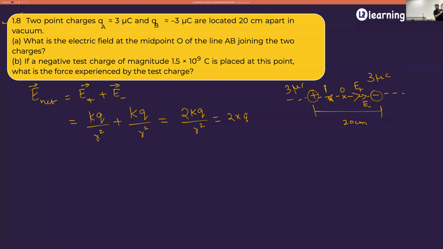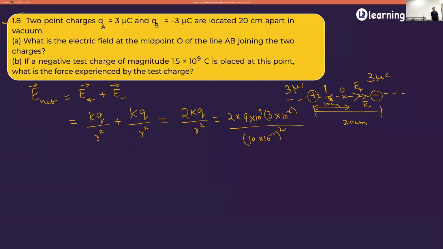So any doubt? Okay. So 2 into 9 into 10 power 9 into the value of Q, I'll take only the magnitude, 3 into 10 power minus 6, the whole divided by R square. R square is going to be, this distance is how much? 10 centimeter. It is going to be 10 into 10 power minus 1, the whole square.